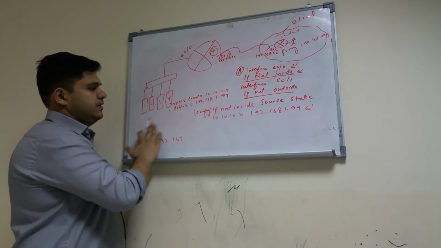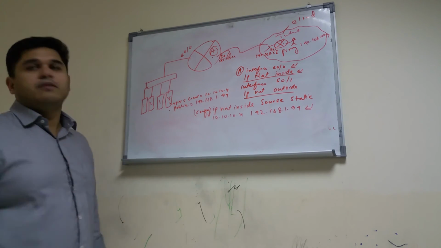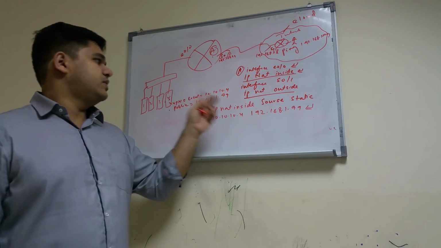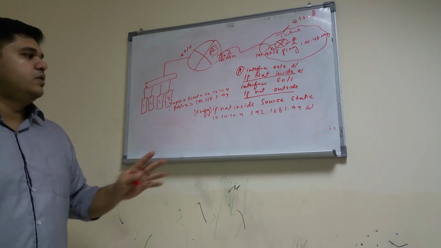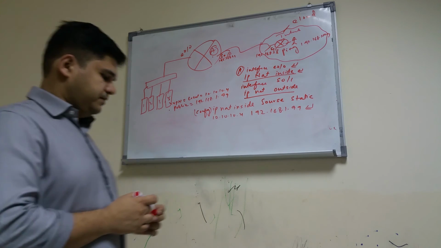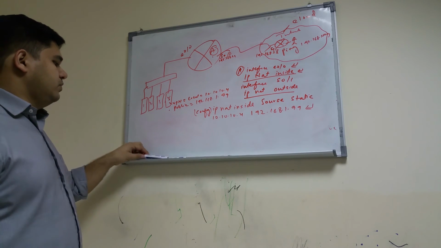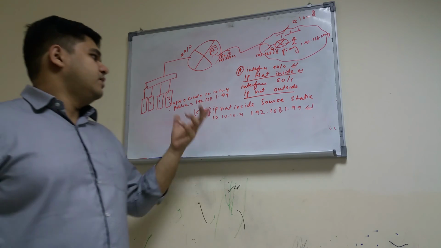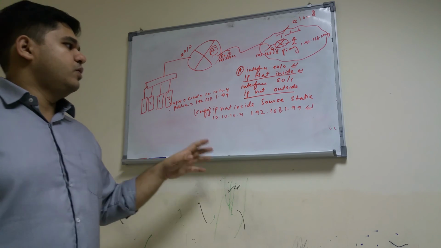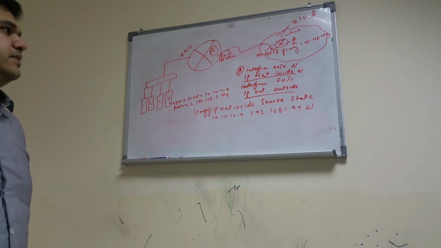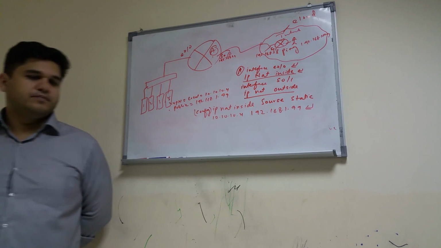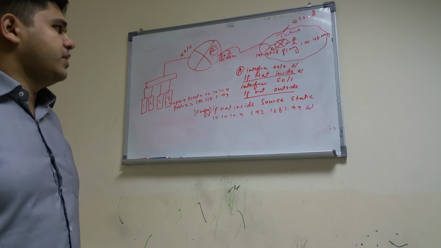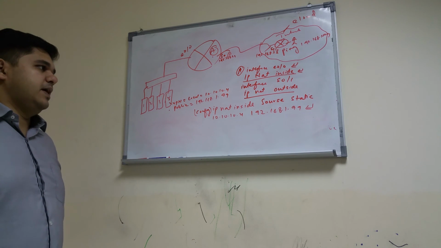In this case it is static, which means fixed: one IP fixed with 10.10.10.4, with no change in the future. If you are going to permanently associate an IP address with a system, you go for static. After this the dynamic part will come. Now you guys will try the lab.